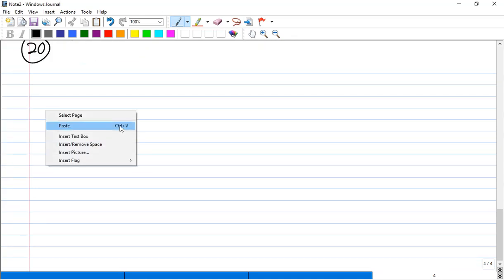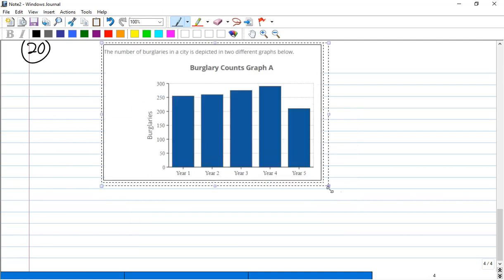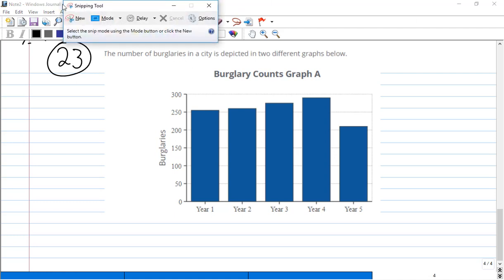And this is 23. All right, and the first question, oh, that's just one of the graphs, so I've got to give you both graphs.